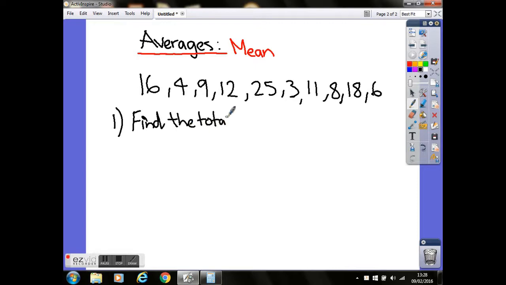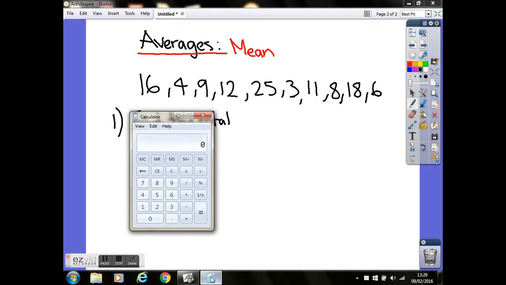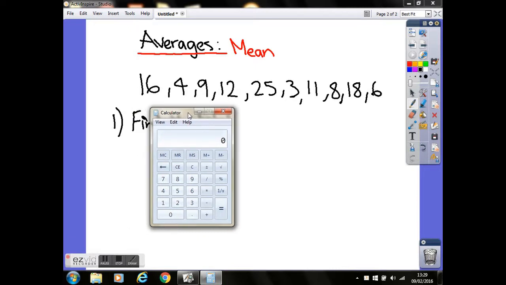I'm going to do that now, and remember it's a functional skills exam, so you're always allowed to use a calculator if you feel you need to. So I'm just going to do that calculation now.